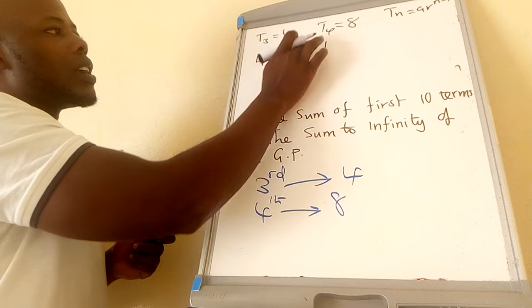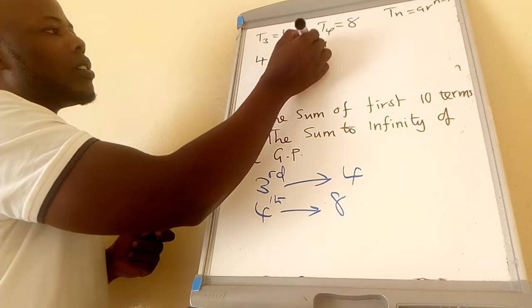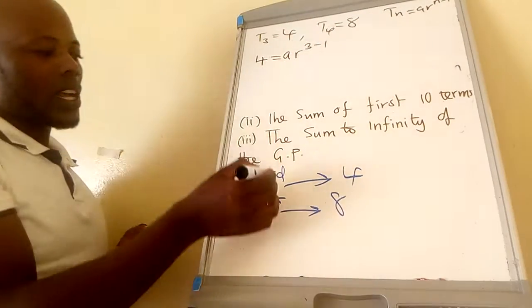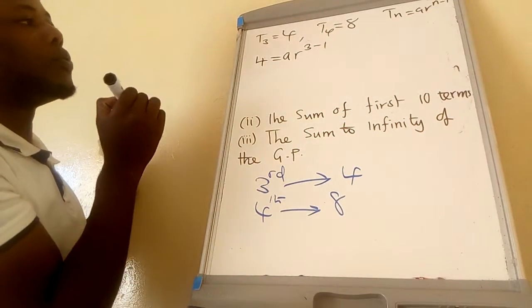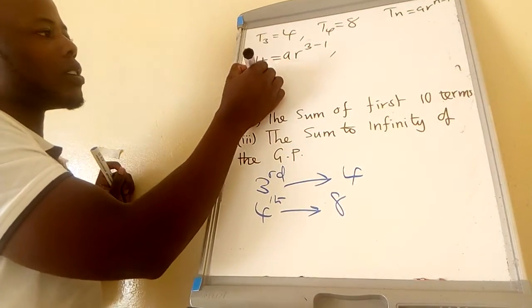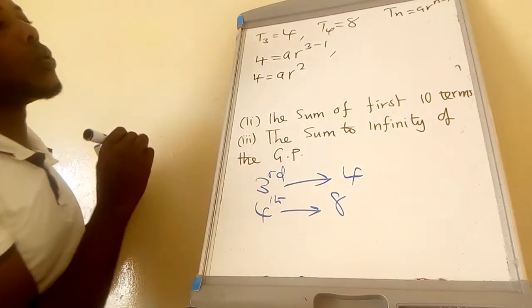Here at n we are putting 3, so we can work out things here. When we solve, we remain with power 2.